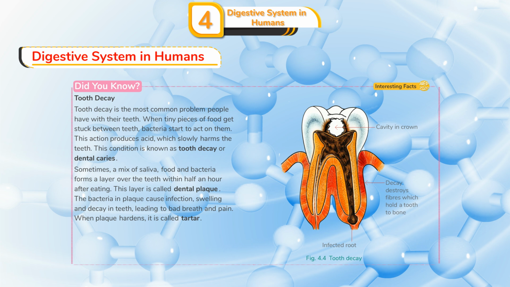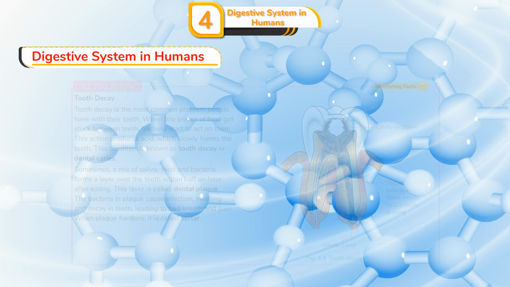Sometimes a mix of saliva, food and bacteria forms a layer over the teeth within half an hour after eating. This layer is called dental plaque. The bacteria in plaque cause infection, swelling and decay in teeth, leading to bad breath and pain. When plaque hardens, it is called tartar.